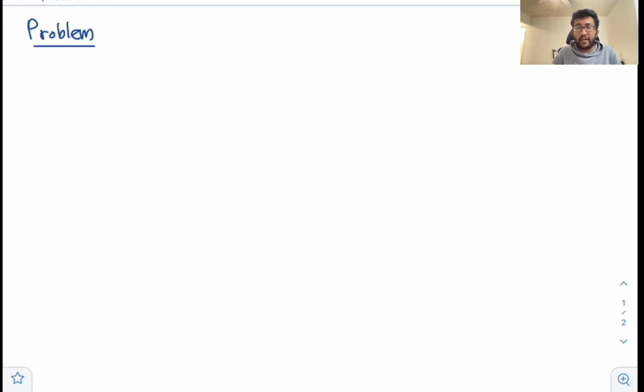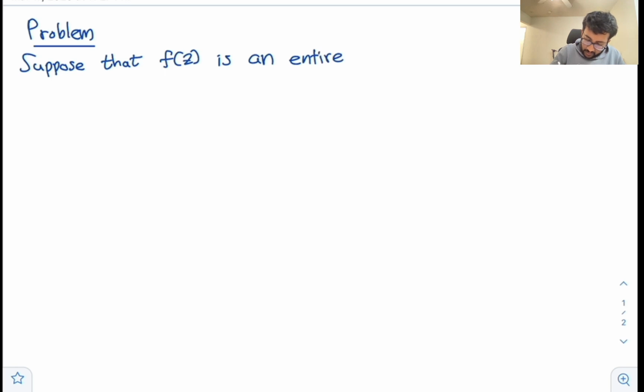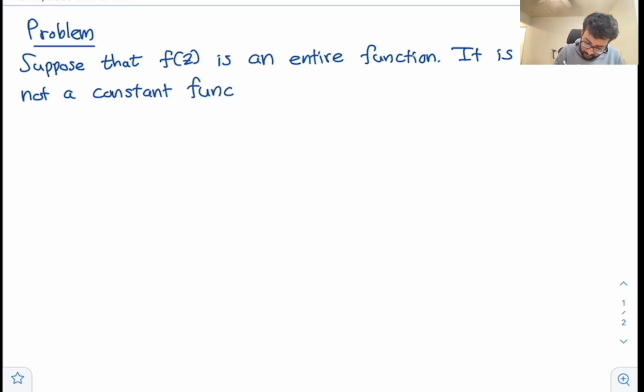Suppose you have an entire function and also it is not a constant. Suppose that f(z) is an entire function and also it is not a constant function, because constant functions are also entire functions.